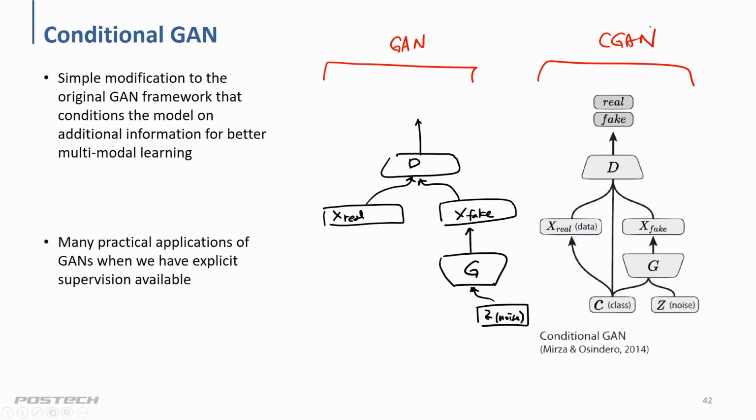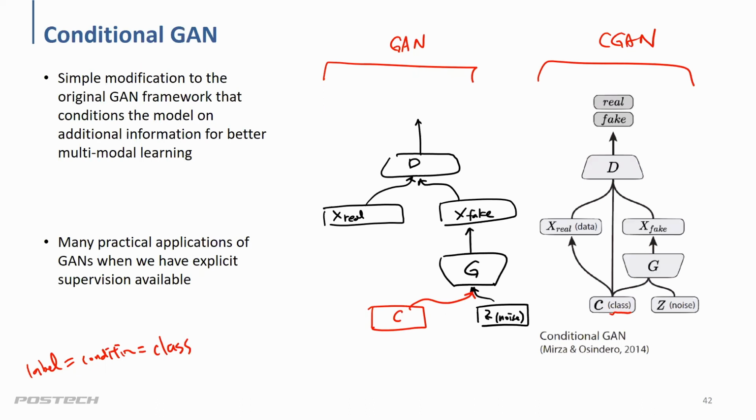Let's see the difference: we have to let both the generator and discriminator know what kind of labels or conditions they want to generate. In this case it's a class, so we need class information. We have to tell the generator what kind of digits we want to generate.